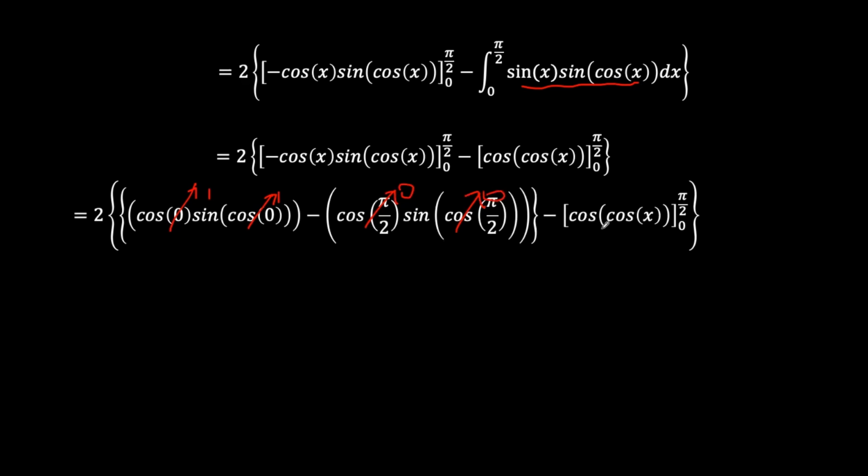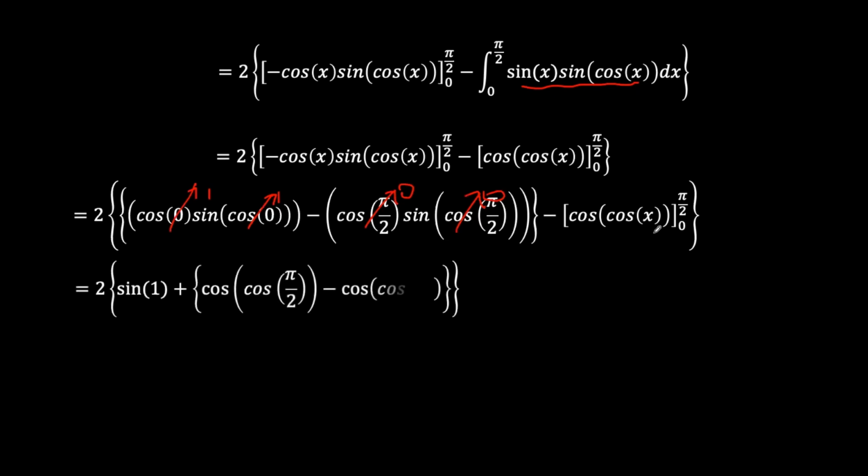And then now we have cosine x there with the limits as needed. We get cosine pi over 2, this tends to 0. And so we're left with cosine 0 here.